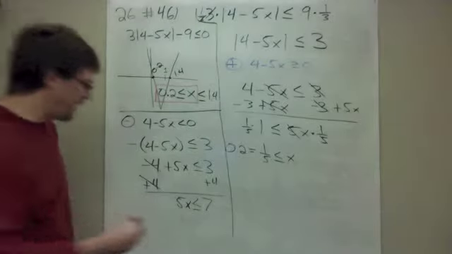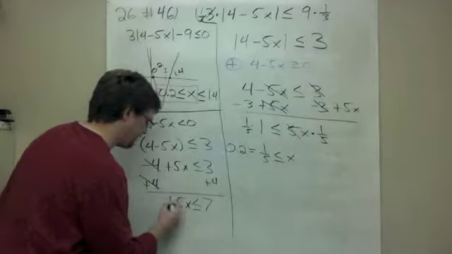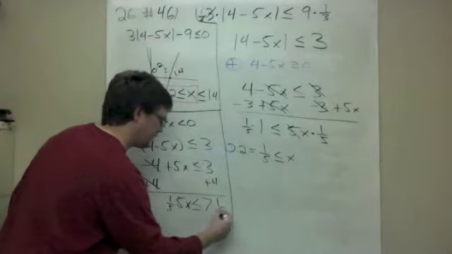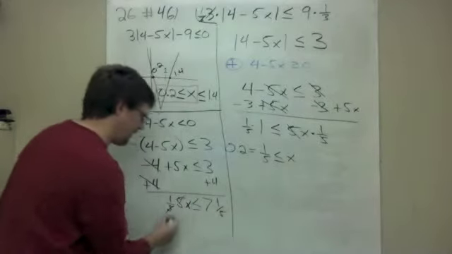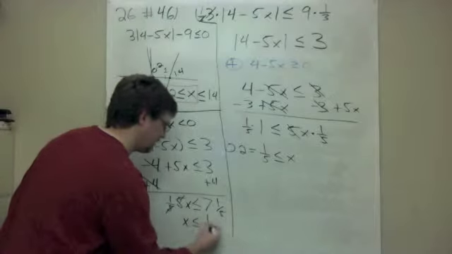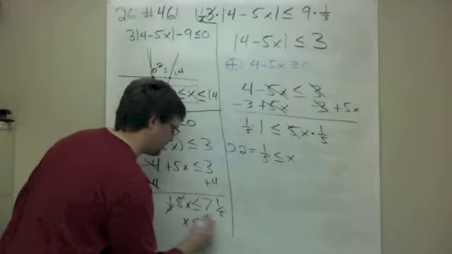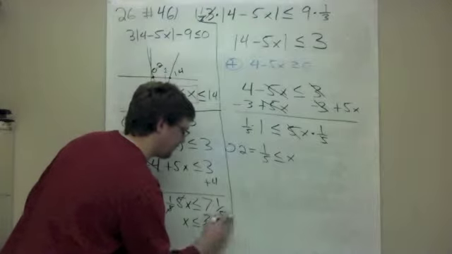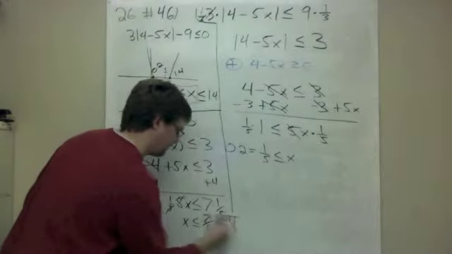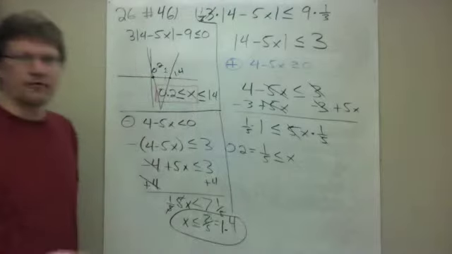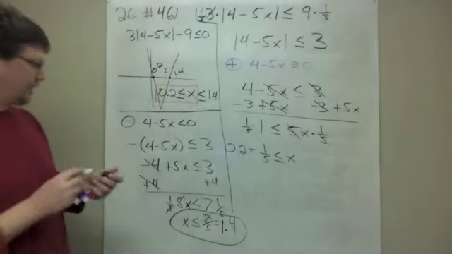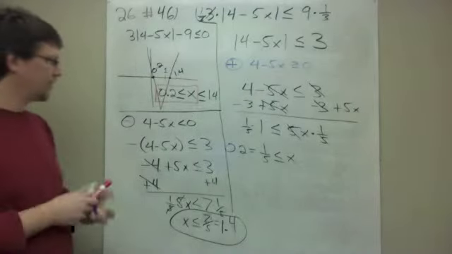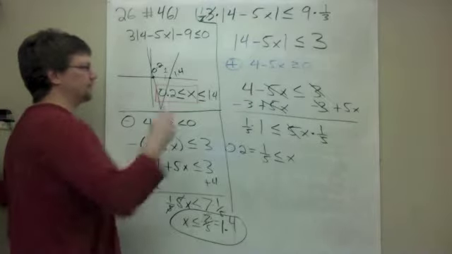And now if I divide both sides by 5, multiply by 1/5, I'm going to get x is less than or equal to 7/5. 7/5 is the same exact thing as 1.4, which is exactly what I got from the graph for the other side.